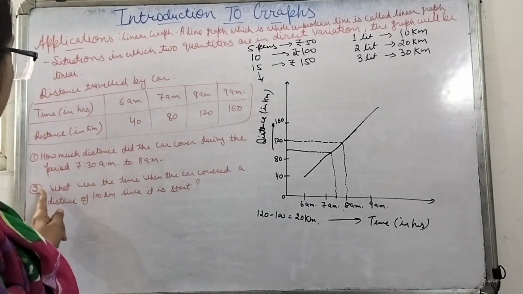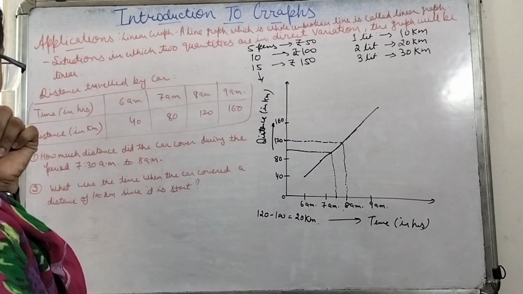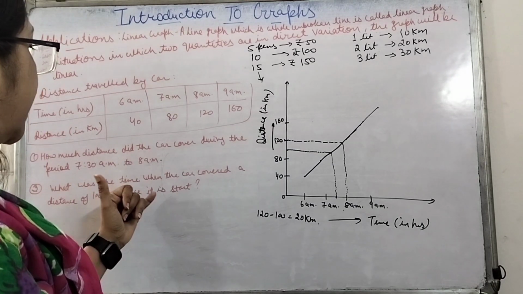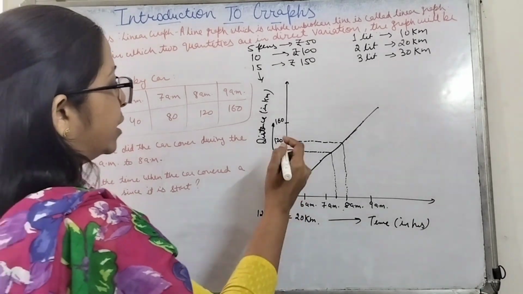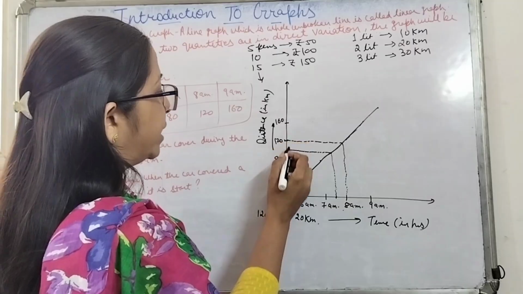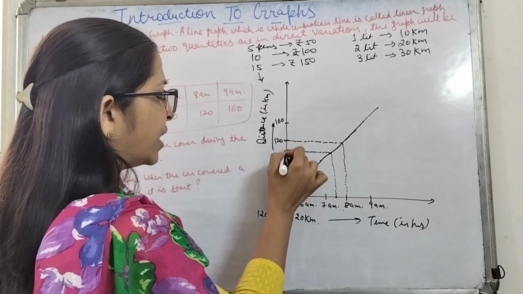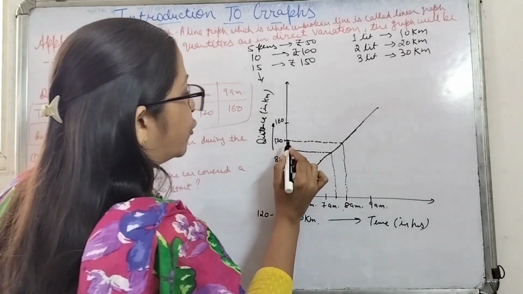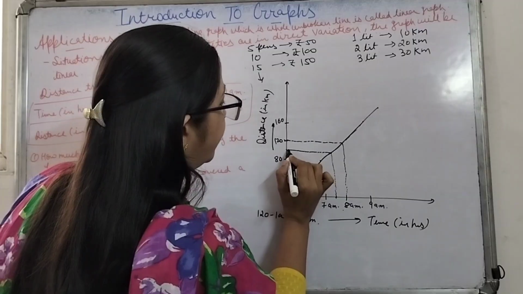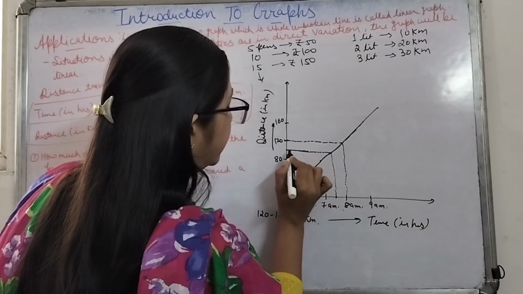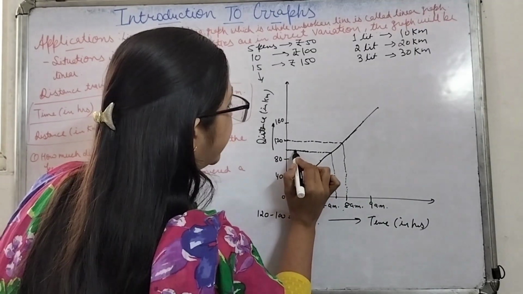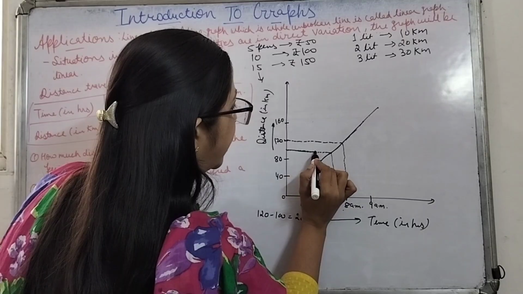Now the next question is, what was the time when the car covered a distance of 100 kilometers since it started? Now see, this is 80, this is 120, exactly in between will be 100 kilometers. From 100 kilometers, we make a horizontal line, at 100 kilometers.